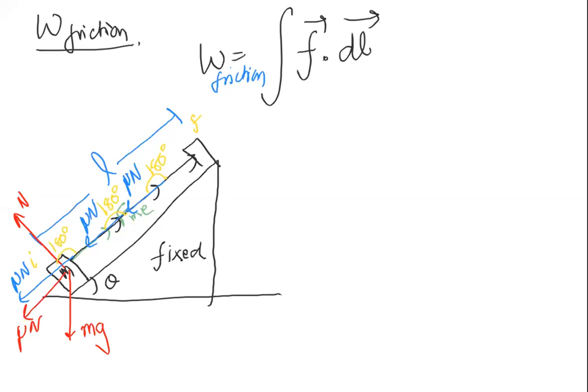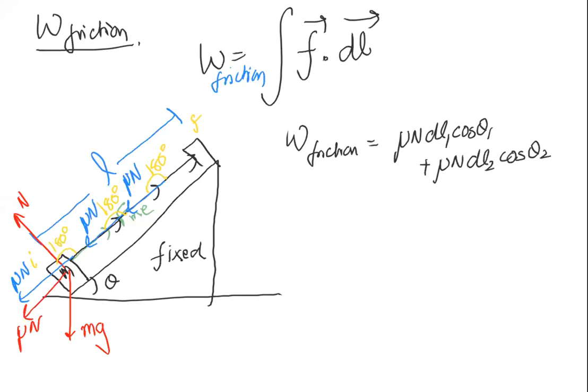So now I can write work done by friction is equal to mu n dl1 cosine theta 1 plus mu n dl2 cosine theta 2 plus mu n dl3 cosine theta 3.